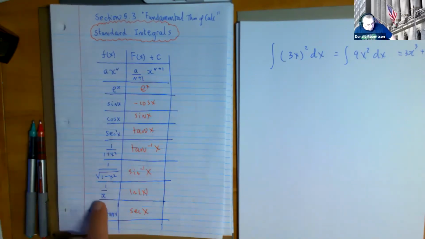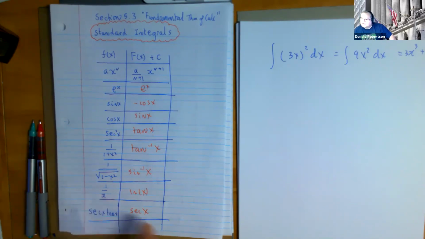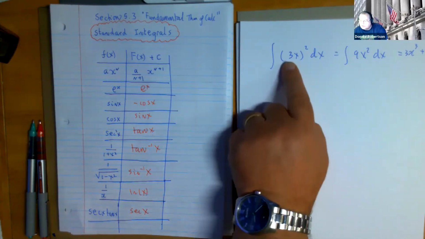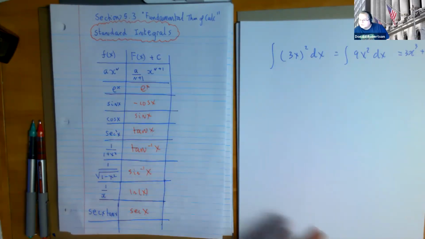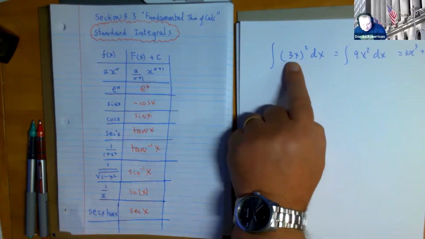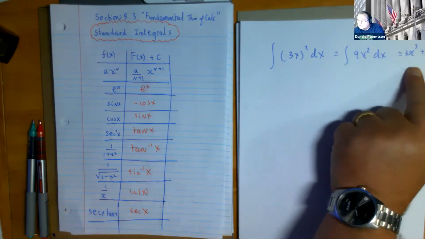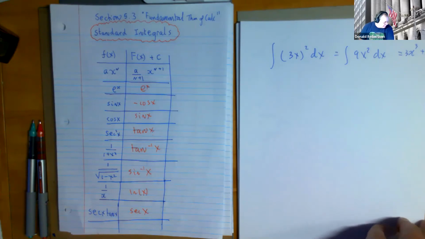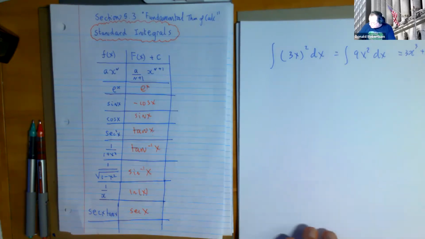They don't have 1 over 2x or 1 over 5x, right? It's 1 over x. And powers are x cubes and x squareds. They're not 2x cubes or 2x squareds. And so if it looks like that, you have to fix it before you try and use the antiderivative rules on it. So that was one of the things I wanted to do.